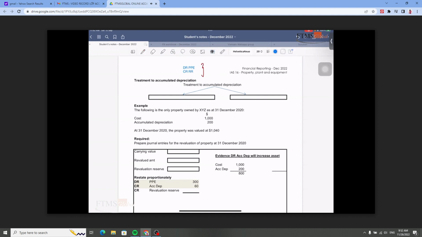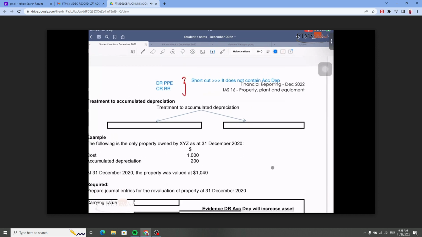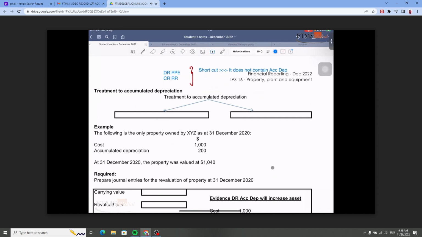This double entry for revaluation is actually a shortcut. Why I say it's a shortcut? Because if you take a closer look, it does not contain accumulated depreciation. So the one that you just did, debit PPE, credit RR, is actually a shortcut.